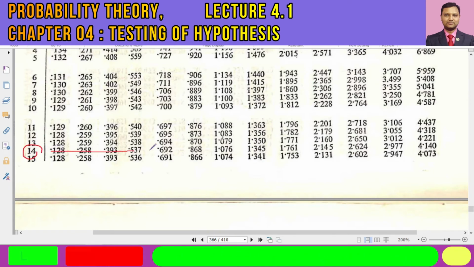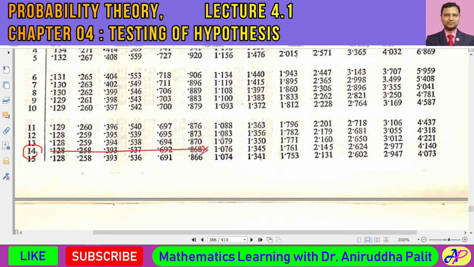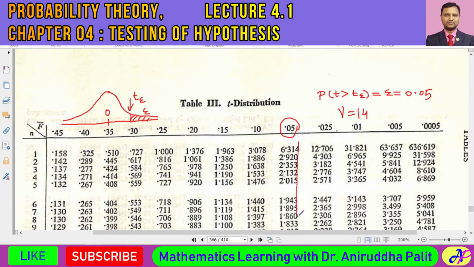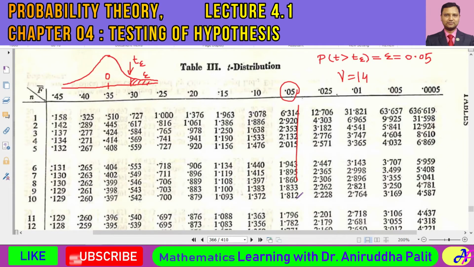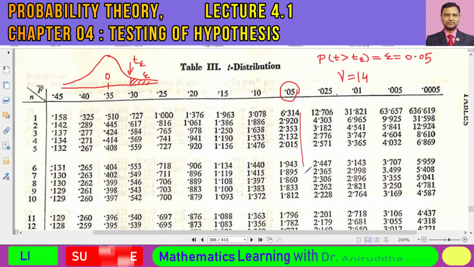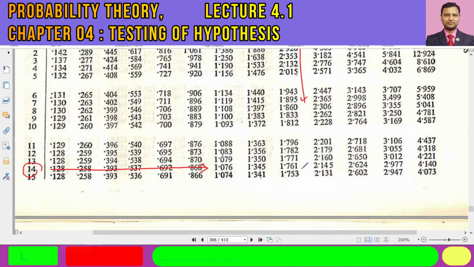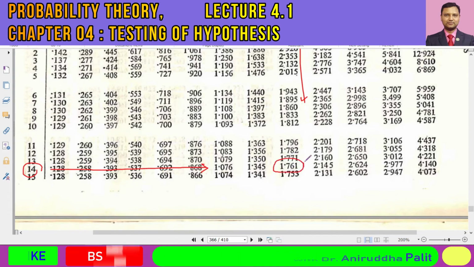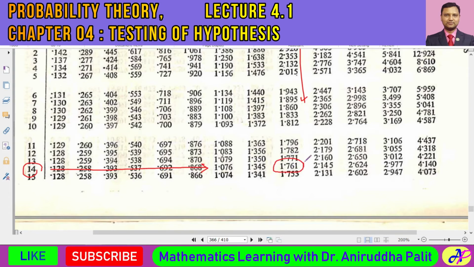You shall have to move along this direction, and from this one you shall have to move in the downward direction. Now check what is the intersection. This value is the intersecting value, 1.761.